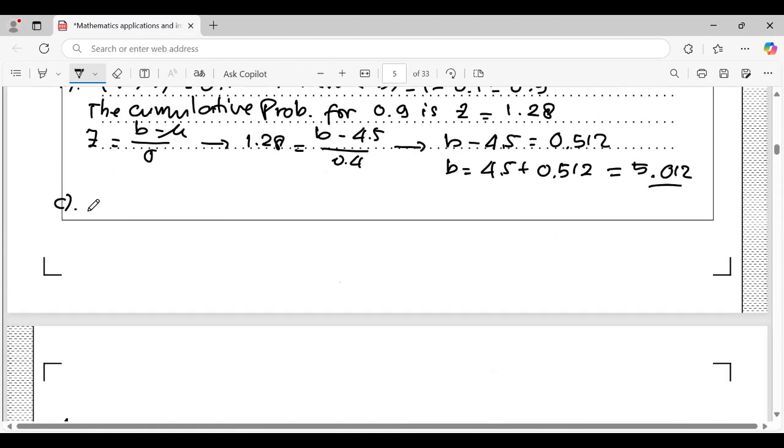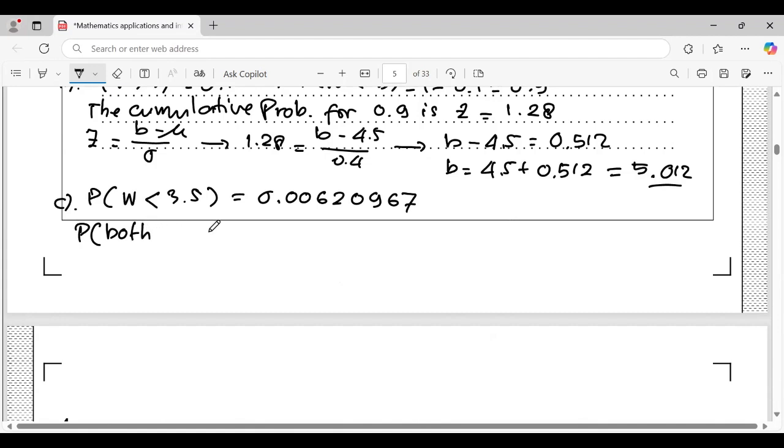From part A, we already know that the probability that W is less than 3.5 is 0.006200967. The probability that both cats have a mass less than 3.5, we can write like this.